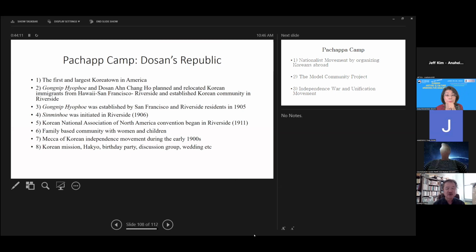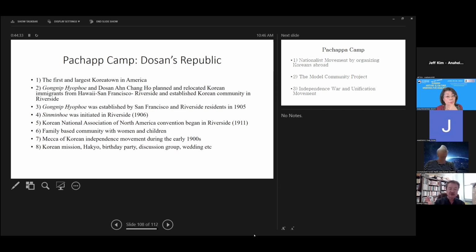The Cooperative Association was established by San Francisco Korean immigrants and Riverside residents in 1905, but they decided to establish headquarters in San Francisco. That's the reason why people knew of the Cooperative Association in San Francisco, but not about Riverside.